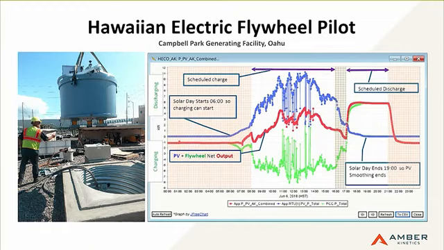And then the system is saying, you're going to discharge in the evening when all the Hawaiians go home, and maybe they don't use air conditioning so much, but they definitely cook. So they have a lot of electric utilities, in some cases, surprisingly. And then the red curve is the net. And so we see that the energy storage flywheel is able to average out or mitigate the peaks, and then to mitigate the overall bump in the sort of duck curve type of feature.